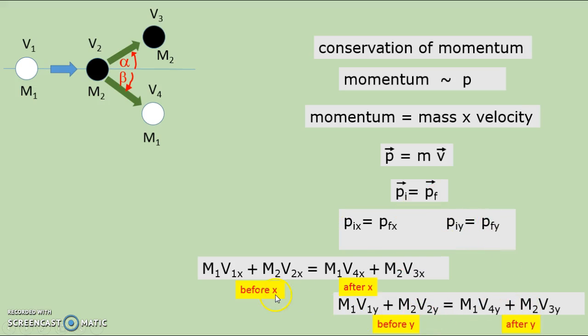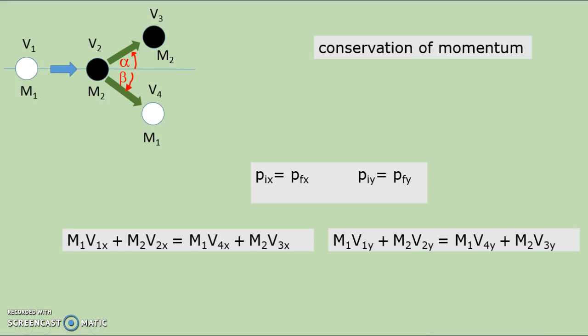So again, the before in the x part equals the after in the x part, as the before in the y component equals the y component after the event. The event is when the cue ball strikes the 8 ball.